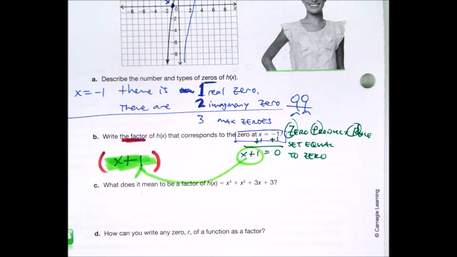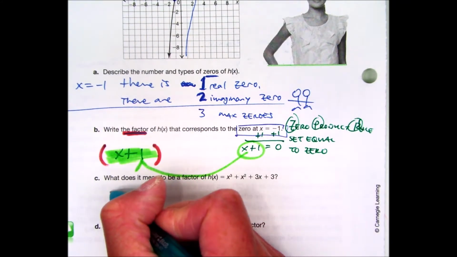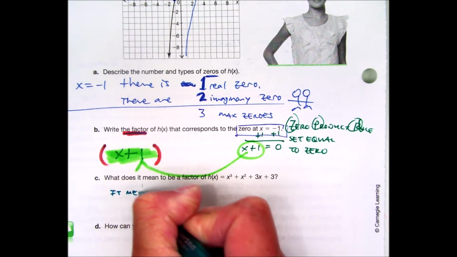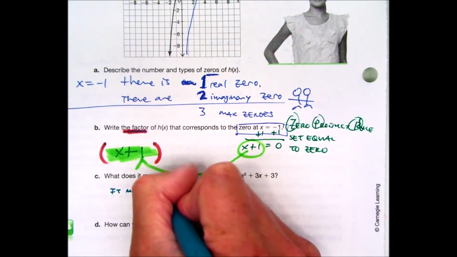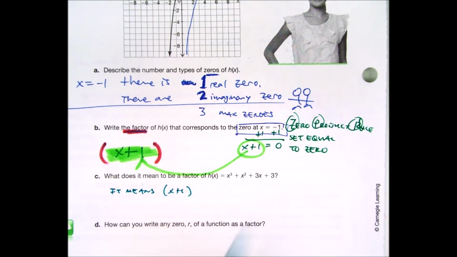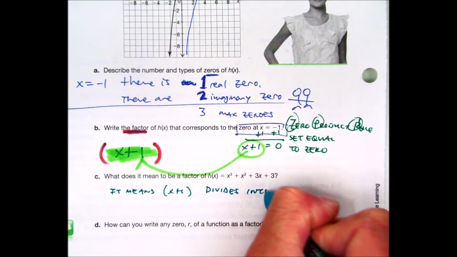C. Read that for us, Raul. It means x plus 1, what we just found out above, divides into h of x.